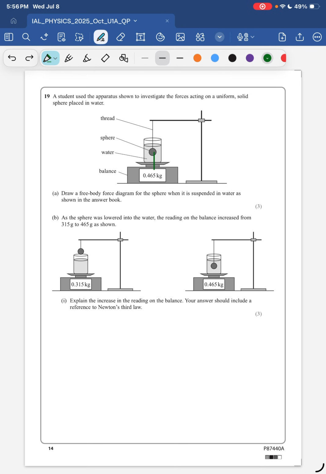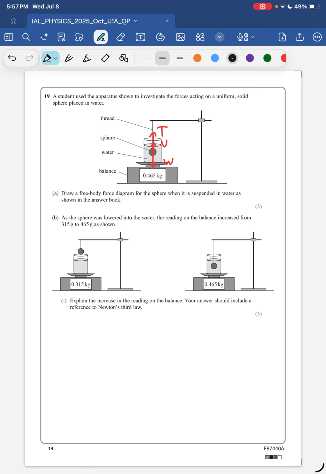It's not visible, let's use red. Wait, what am I doing? There is no drag force. It's not moving. I'm sorry. The upthrust is the other force, and then the tension from the string. So these are the forces.